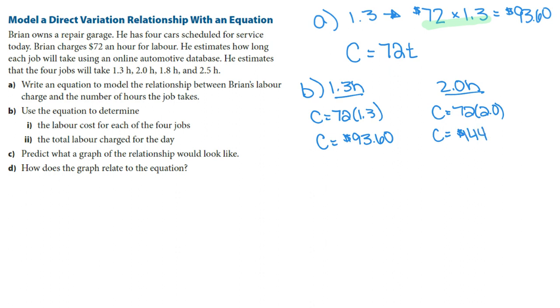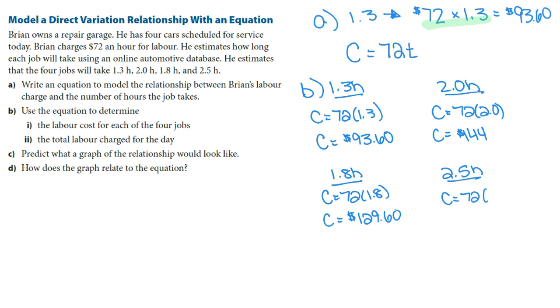For the 1.8 hour job, the cost is 72 times 1.8, which would be $129.60. And then the 2.5 hour job, 72 times 2.5, so the cost would be $180.